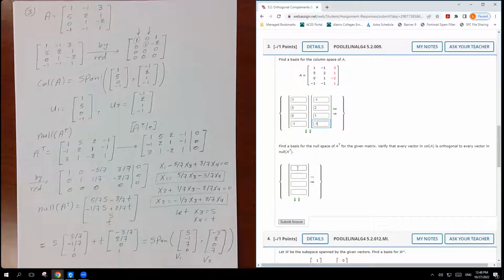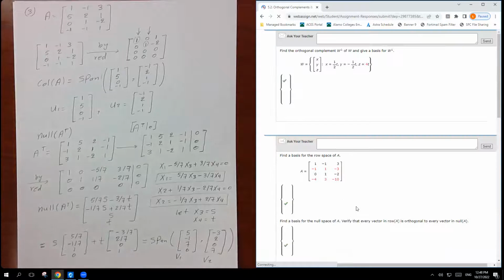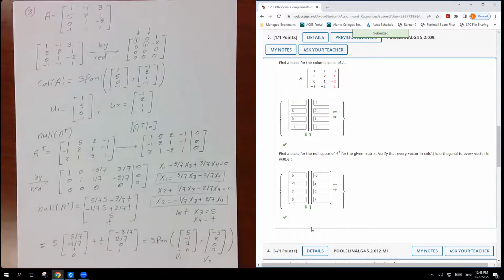And the null space of A transpose is going to be 5, negative 1, 7, 0, and another one is negative 3, 2, 0, 7. Let's check that. Here we go, we got it right.